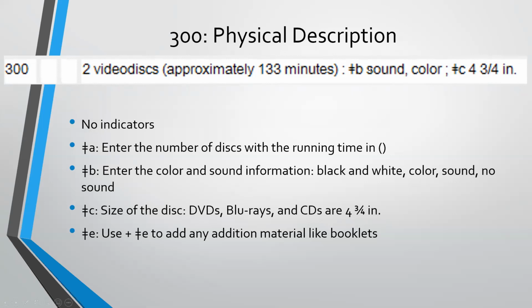For subfield B, it has sound, it is in color, and this subfield C, this 3 3/4 inches, is the standard size of Blu-rays, DVDs, and CDs. You can also add your plus subfield E to add any additional material that might come with your DVD, like a booklet or a poster or some other kind of material.